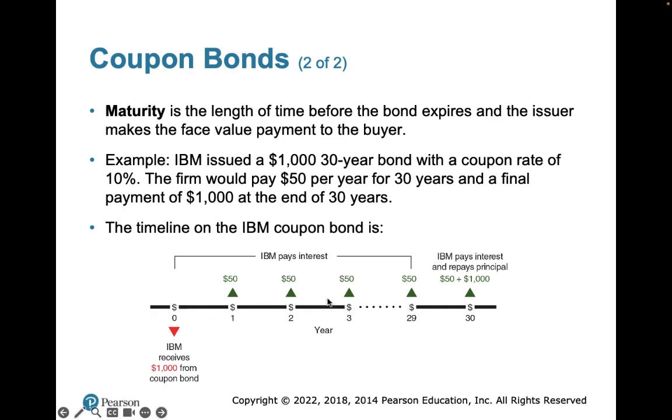Like you can see, there's this loan service of always paying $50 yearly on the $1,000 for the period of 30 years, at 10%. 10% of 1,000, you get $50.